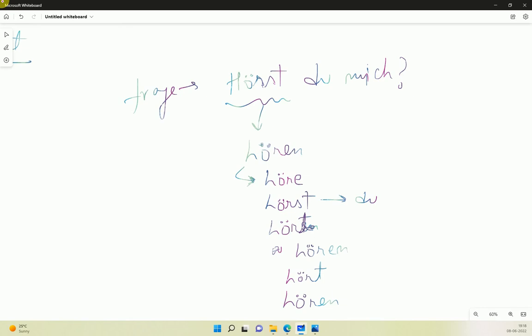Because I'm talking to you, the du form will be used. So it's hörst du mich, right? Now in this case, don't get too much confused. Straight away, remember, I'll give a list also. Hören is an accusative verb.